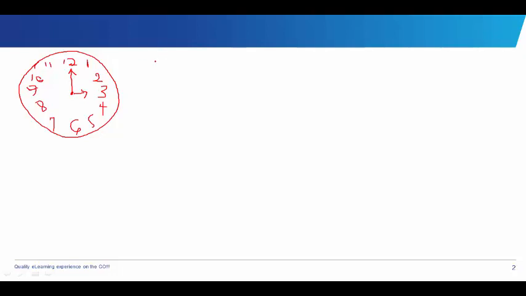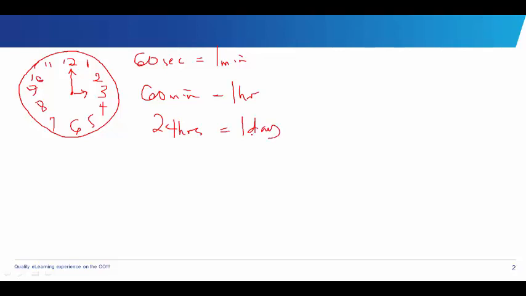Okay, so the important thing you need to know is that 60 seconds is 1 minute. Never forget this. 60 minutes will give you 1 hour. 24 hours equals 1 day.